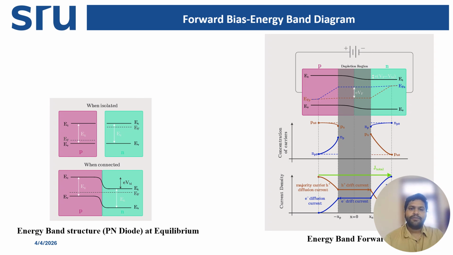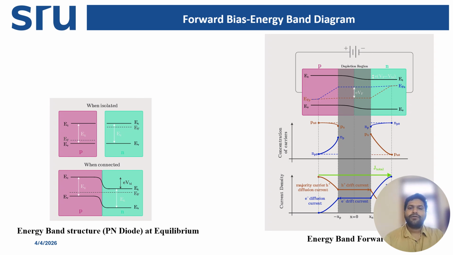As a result, the barrier potential decreases and the depletion region becomes narrow. Now imagine the energy band diagram when forward bias is applied: the energy barriers between the p-type and n-type regions decrease. The band bending reduces the potential barrier height. We can see in the pictures that the barrier height is smaller.